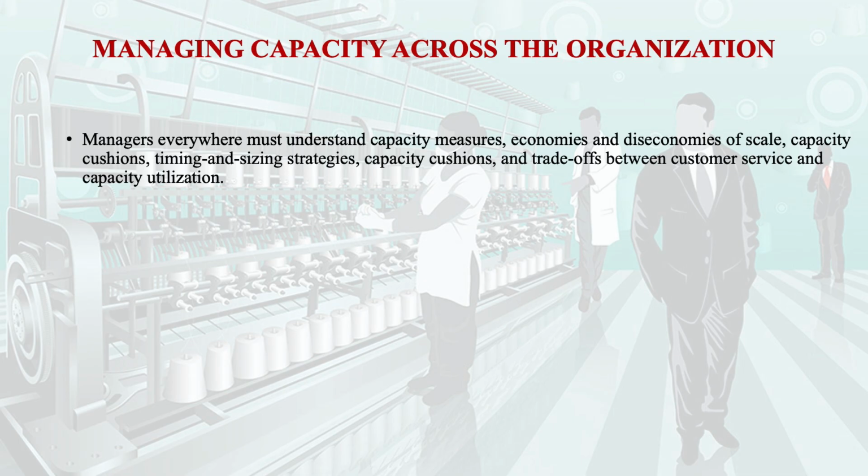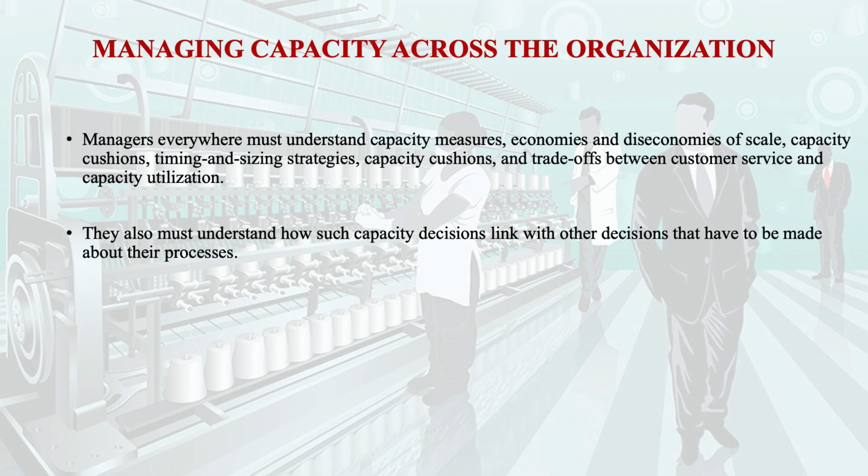Managers everywhere must understand the capacity measure, economies and diseconomies of scale, capacity cushion, timing and sizing strategy, and the trade-off between customer service and capacity utilization. They also must understand how such capacity decisions link with other decisions that have to be made about their process. After this session, you are now able to explain the various reasons for capacity planning.